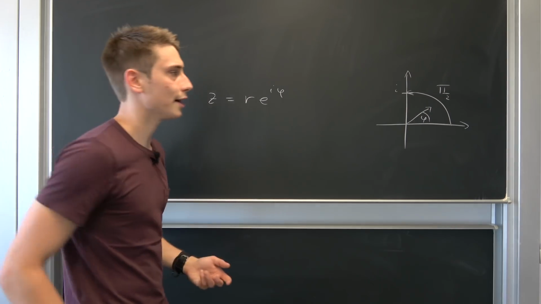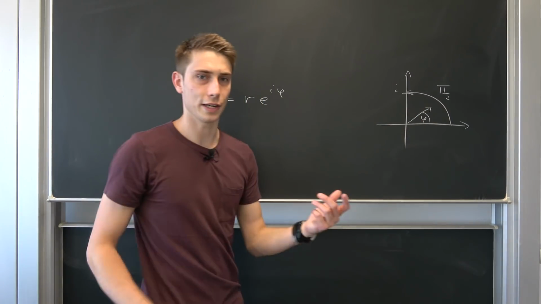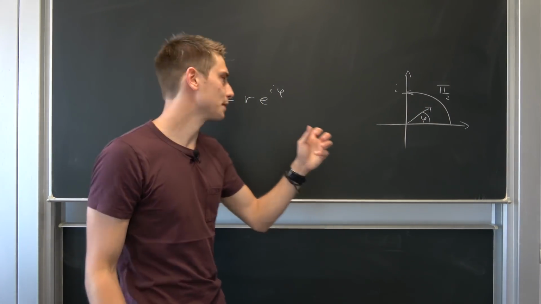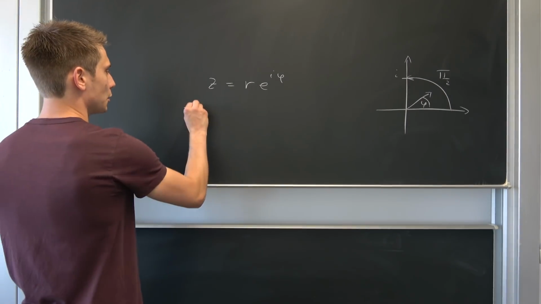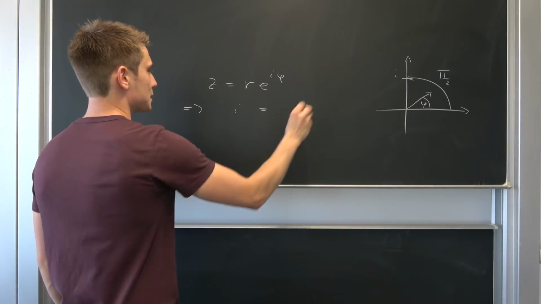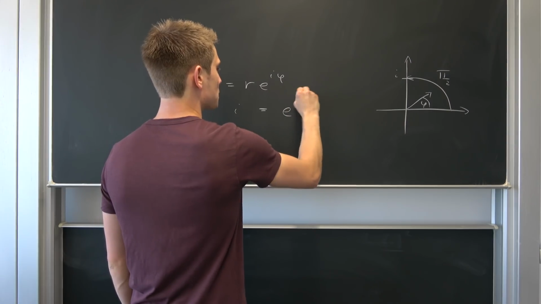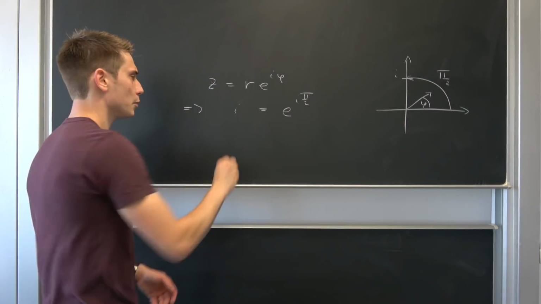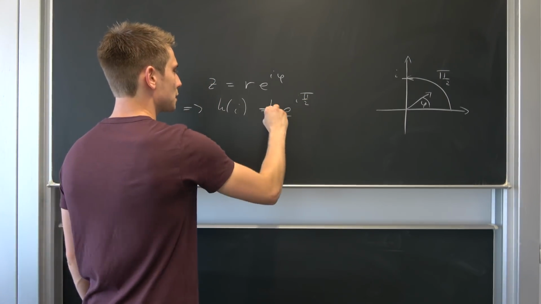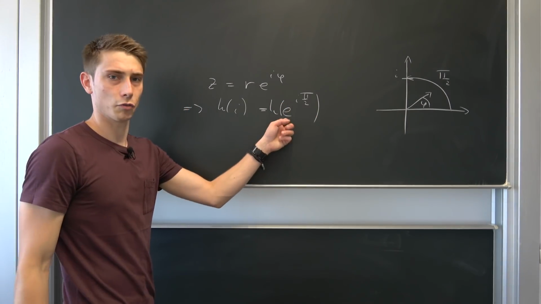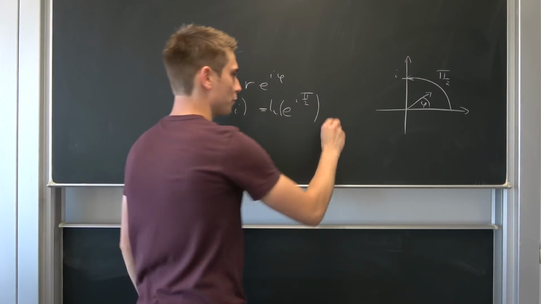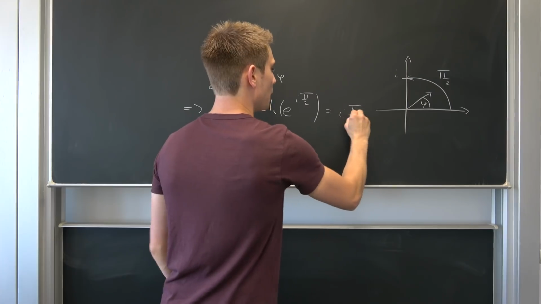And what exactly is our r? Well, it's just the length of the vector, but i is on our unit circle, so that means r is nothing but 1. So that also means that i is nothing but e to the i times pi over 2. And if we apply the natural log to both sides, natural log of e to the something is just this something itself, so i times pi over 2.